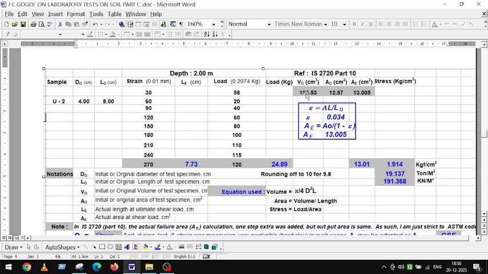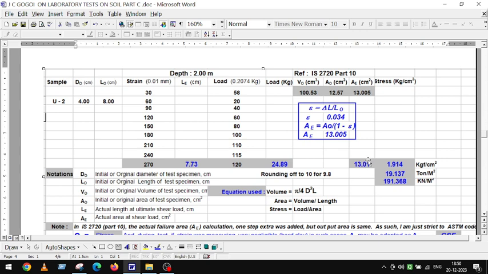So we divide the volume by this corrected length, the actual length at ultimate shear load. At the ultimate failure state, this length is 7.73, and if we divide the volume by this length, we will get the corrected area.